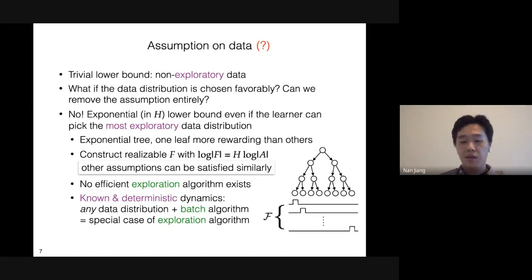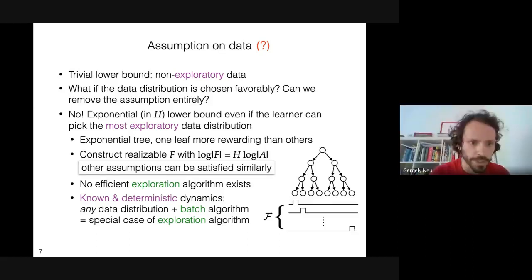Because if you want to sample any state or state action pair, the exploration algorithm can just pick a particular sequence of actions to go to that state and sample the rewarded next state over there, up to maybe an overhead of an H factor.